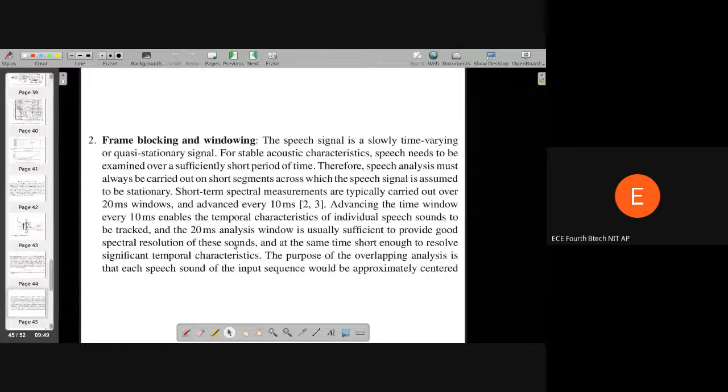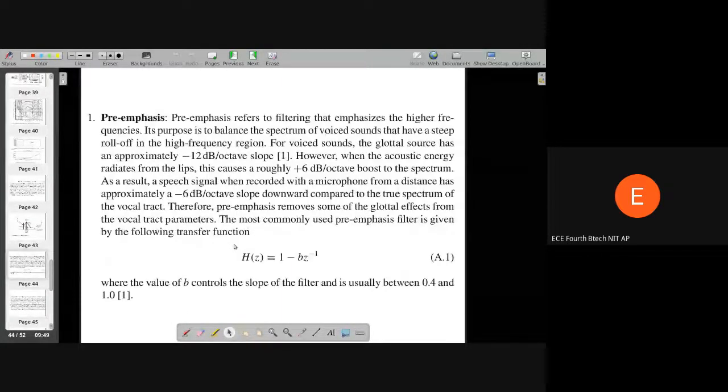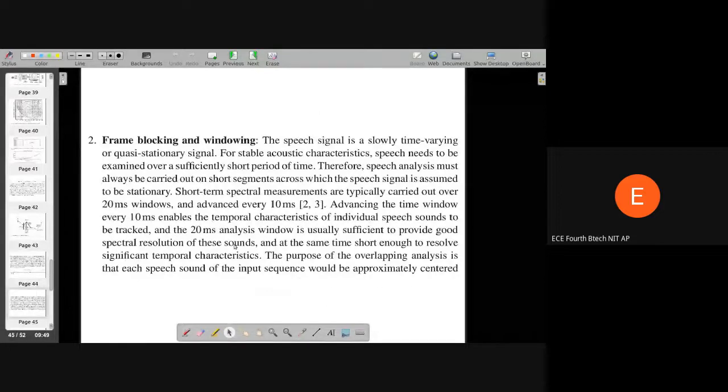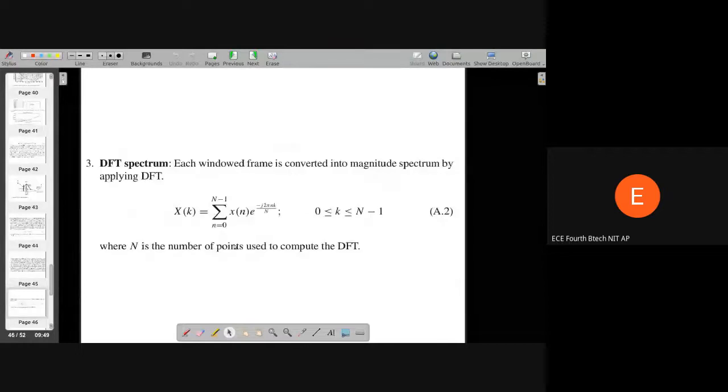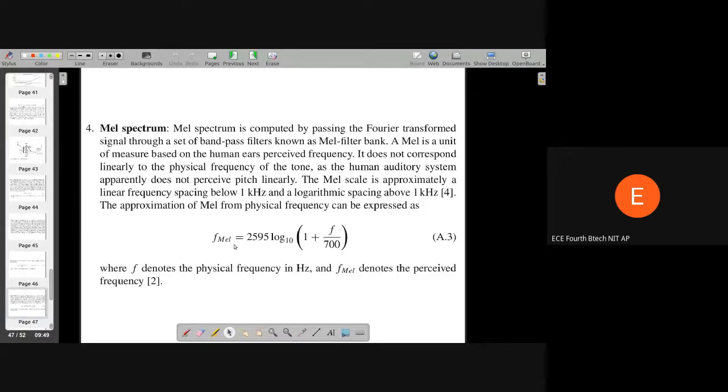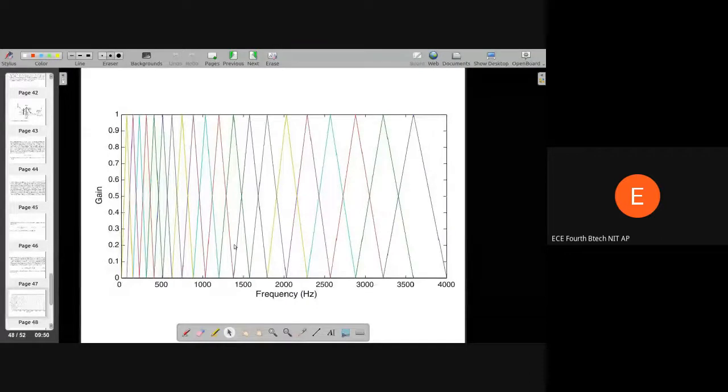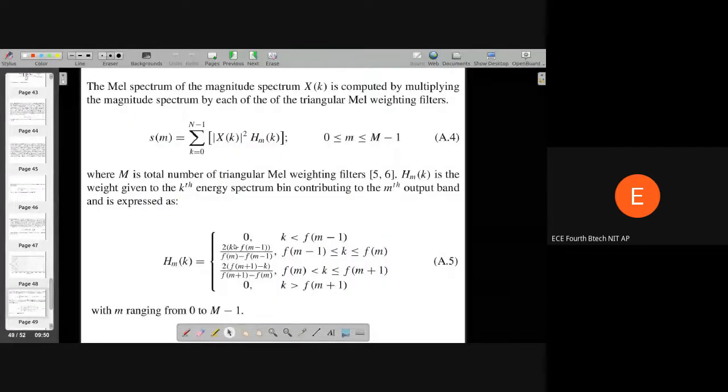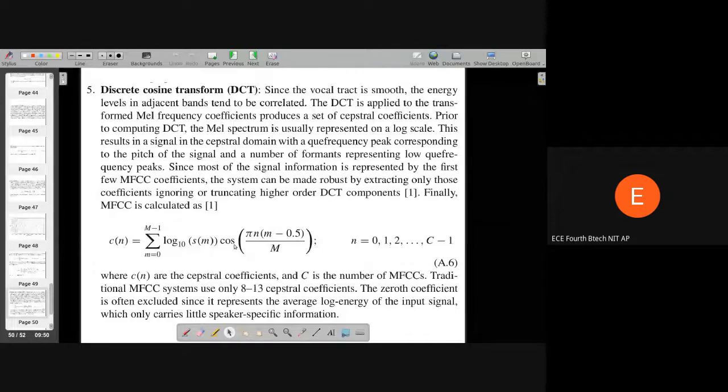Then we discussed the steps of finding the mel frequency cepstral coefficients, which are pre-emphasis, windowing, applying the Fourier transform, putting the mel filter bank on top of the spectrum using triangular filters, and finally using the discrete cosine transform.